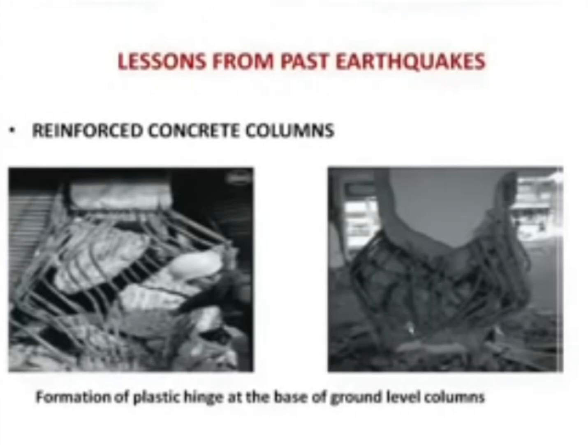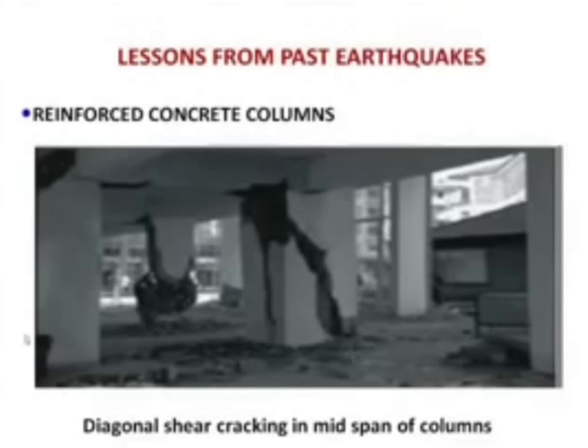So, what kind of failure normally we observe in this particular situation? Just see, this is the kind of failure we observe. Okay. Now this is reinforcement of the column, but diagonal shear crack in the midspan of the column. Just at the midspan of the column is a diagonal shear crack. And why is it happening like that? How can we avoid all these things?